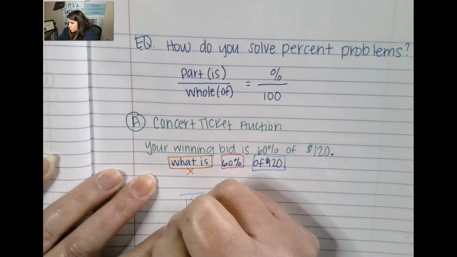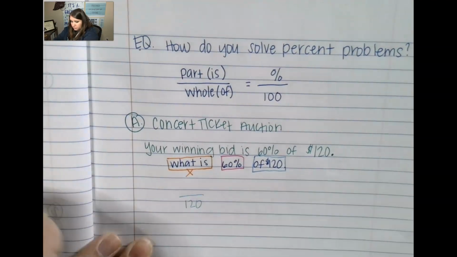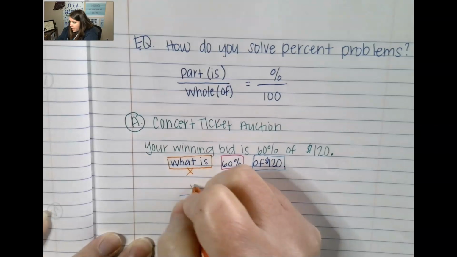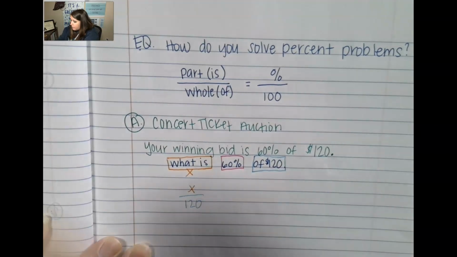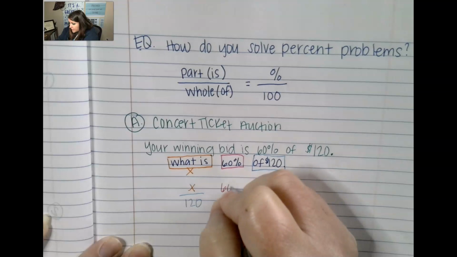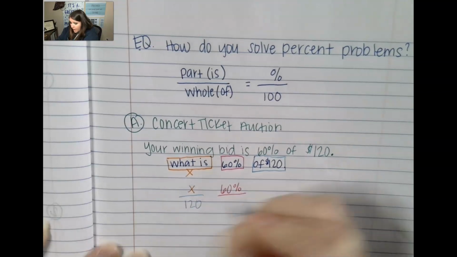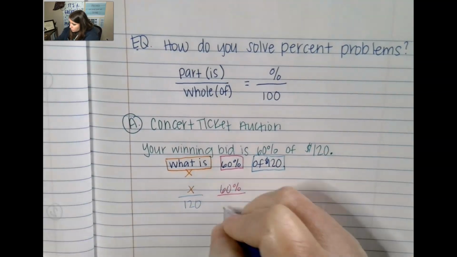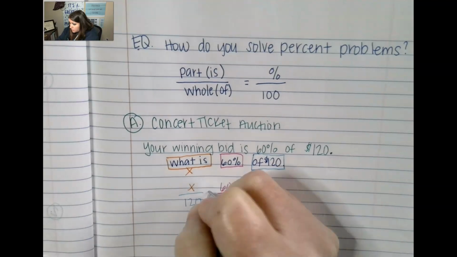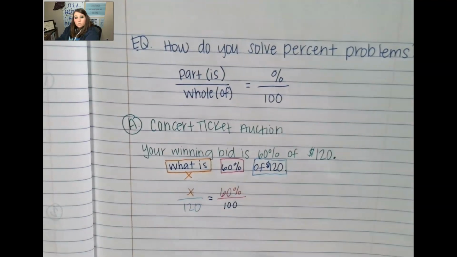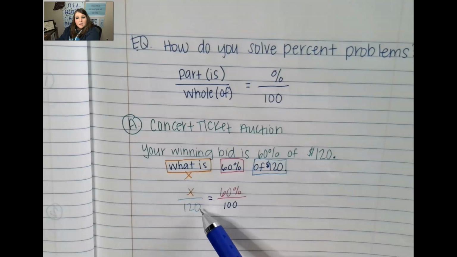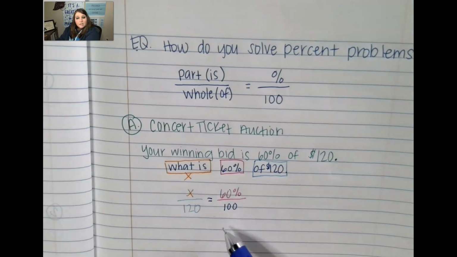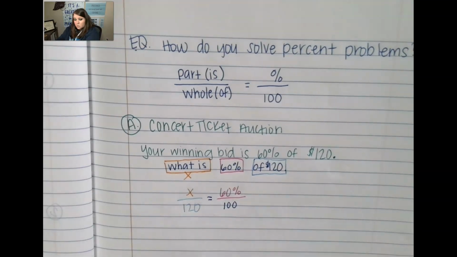All right, so let's put this in the right places. We're going to have 120 on the bottom, X on the top, 60% out of 100. Remember, you can either solve this by multiplying or dividing, or you can cross multiply.